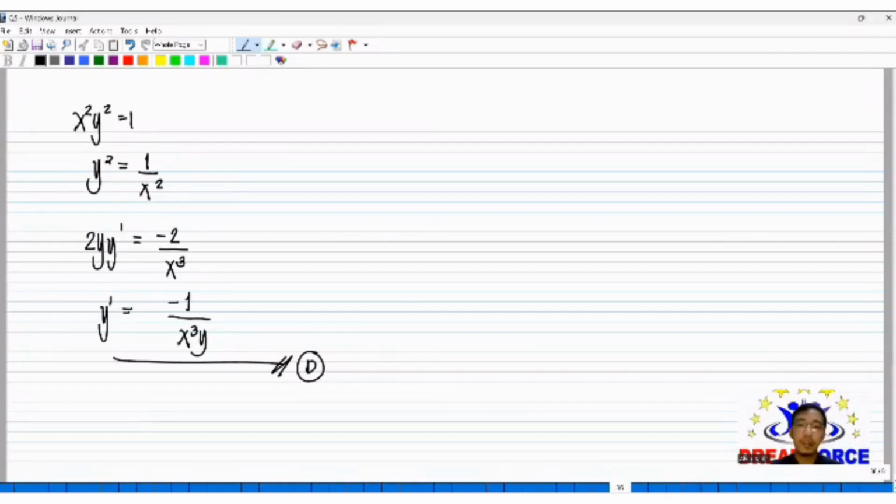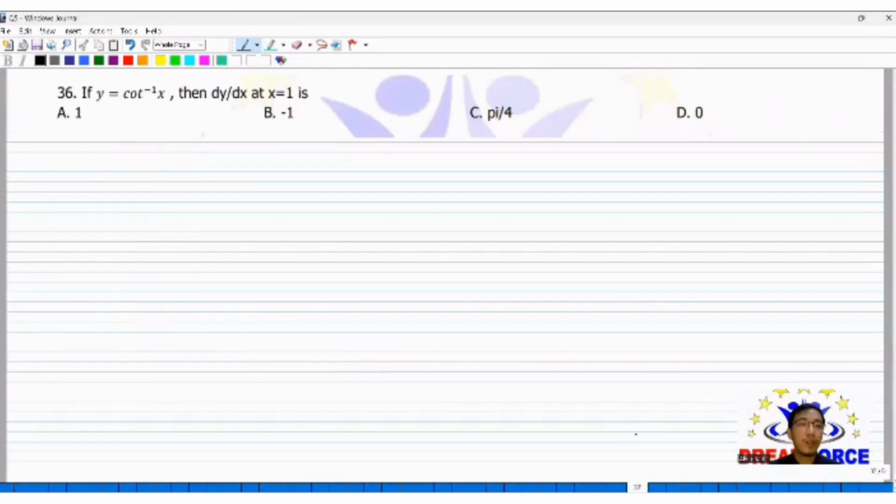Okay, next, number 36. If y is equal to inverse cotangent of x, then dy dx at x equals 1 is. Okay, for number 36, so y is equal to inverse cotangent of x.